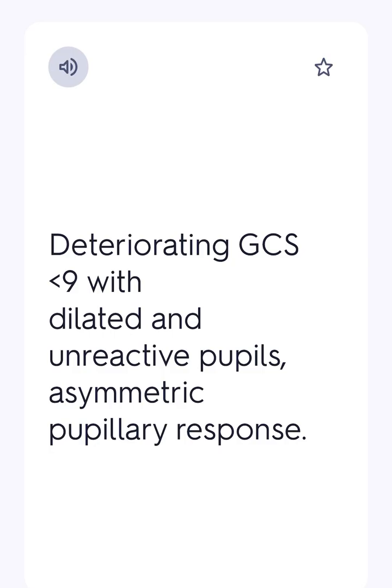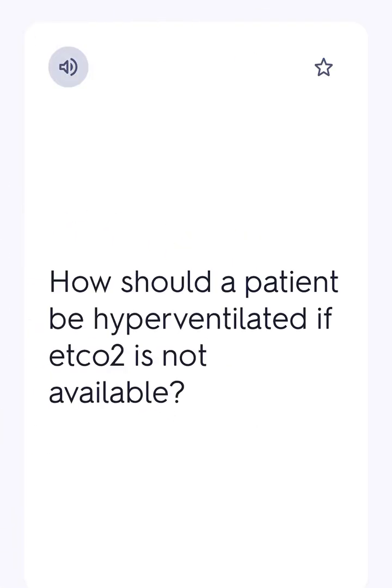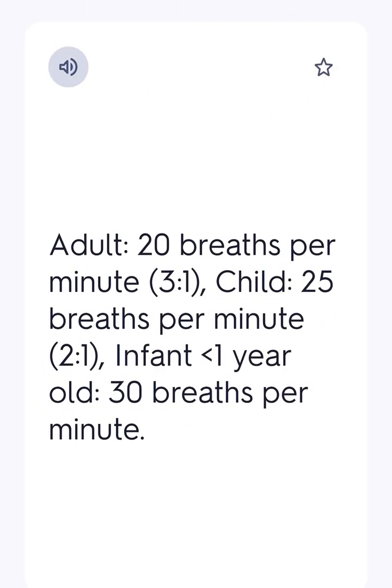Deteriorating GCS less than 9 with dilated and unreactive pupils, asymmetric pupillary response. How should a patient be hyperventilated if ATCO2 is not available? Adult, 20 breaths per minute; child, 25 breaths per minute; infant less than 1 year old, 30 breaths per minute.